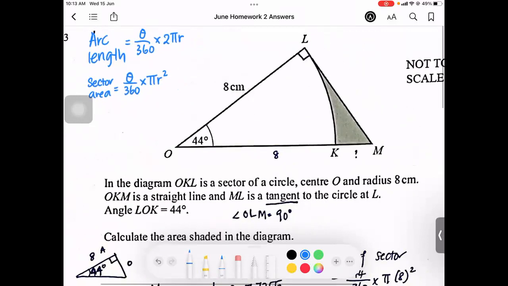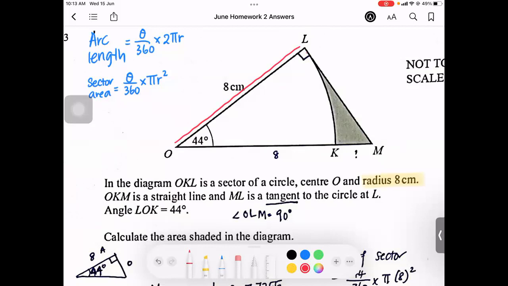Okay, center O, radius is 8 cm. Whenever you have the keyword radius, the question can become tricky. There are a lot of common mistakes students might make. First thing, where is the radius? This is 8, right? Where else is the radius?